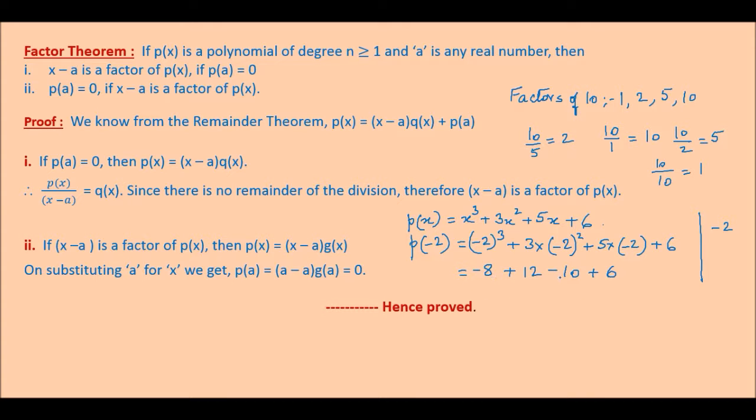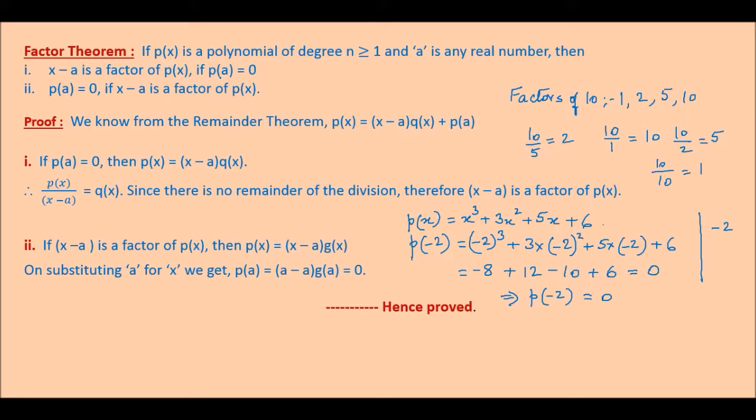So minus 8 and minus 10 when added together will be giving us negative 18, and 12 plus 6 is a positive 18. We get the result as 0. That is p of minus 2 is equal to 0.